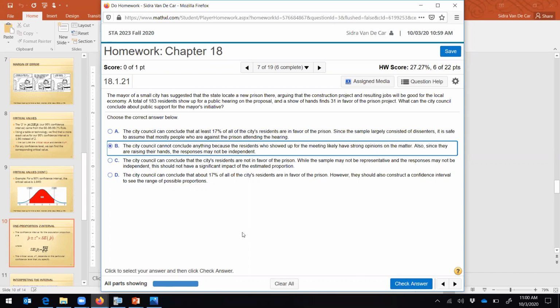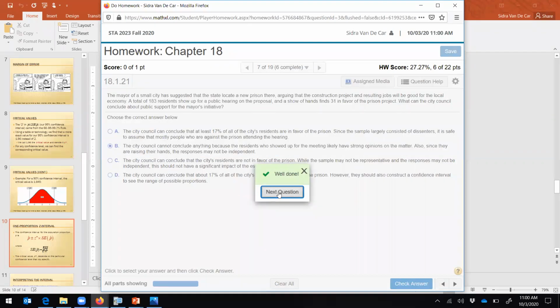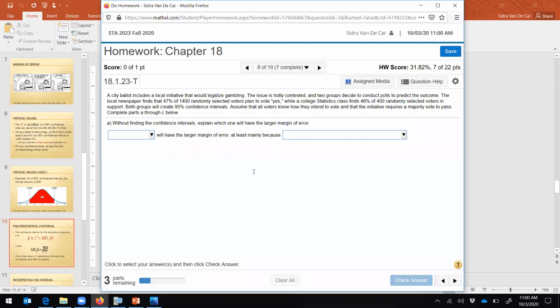I would say they can't conclude anything. Okay. Yeah, that's the most reasonable answer because they're showing up voluntarily. They probably have strong opinions on the matter, right?